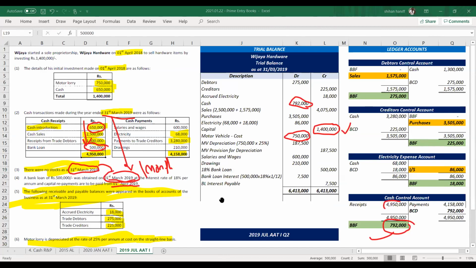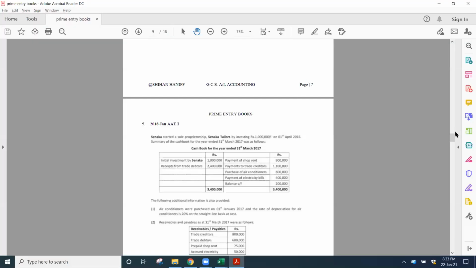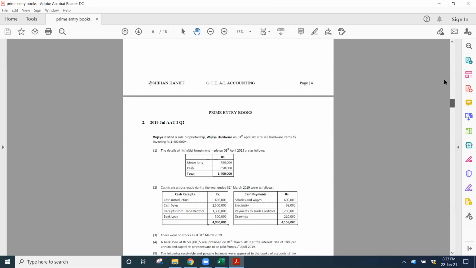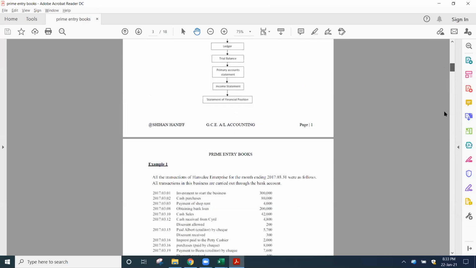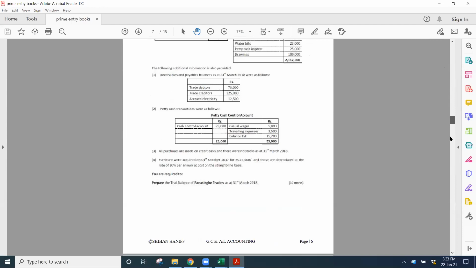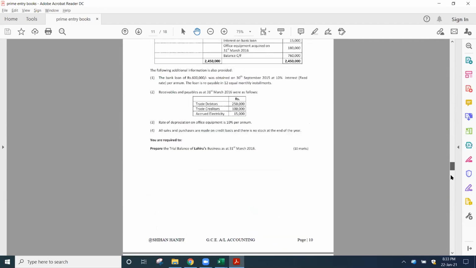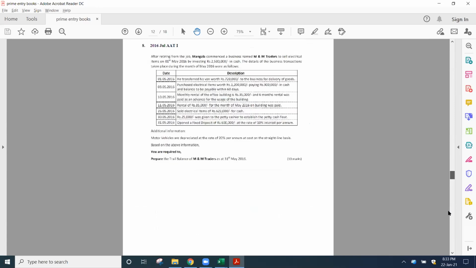Similar types of questions are there. There are some good questions that you can try today, all related to trial balance.